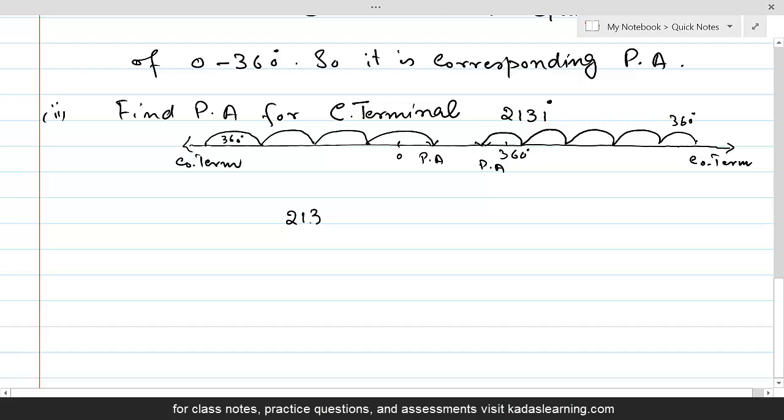Let's subtract 360 from 2131, and what we are going to get is 1771.